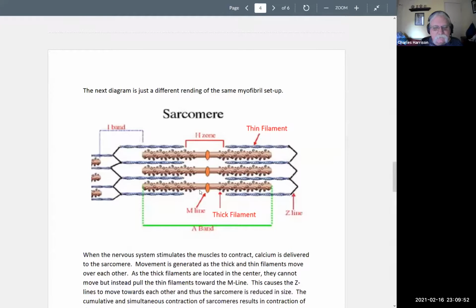This is a different view of a myofibril set up, and I sort of like it. This is a thick filament, we'll start there. And here's the M line that the two thick filaments in a pair adhere to. There are other thick filaments. They have bristles at their ends, this side and this side.